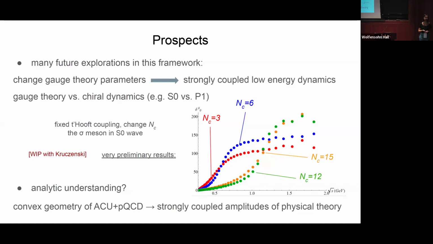Yeah, we're not trying to bound anything here. We're trying to use this thing about maximizing some functionals just as a tool. We're trying to identify the low energy physics of a specific UV theory. And yeah, that's the idea.